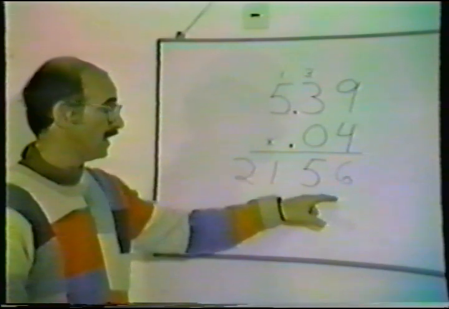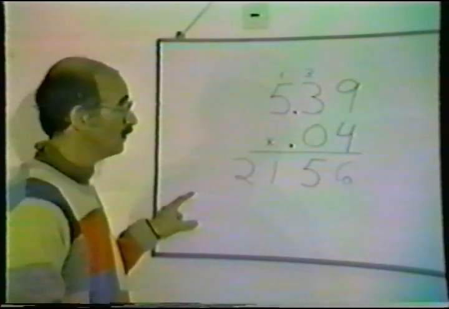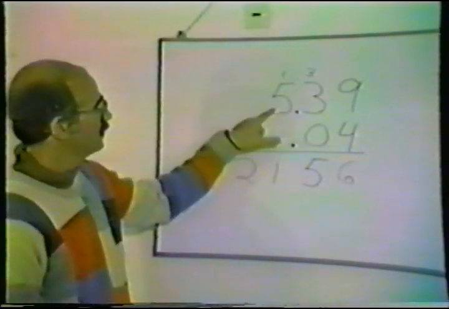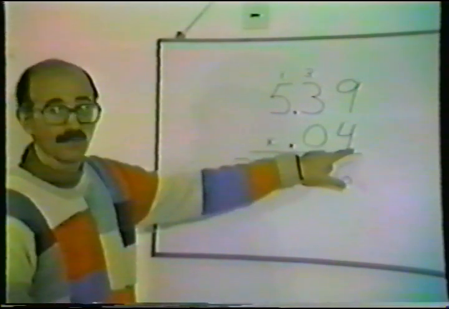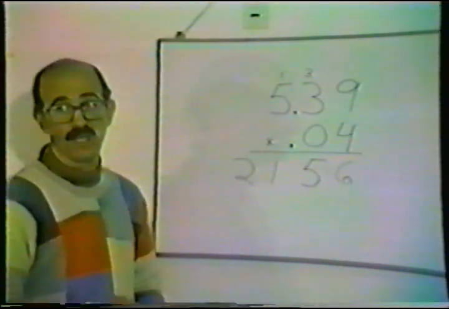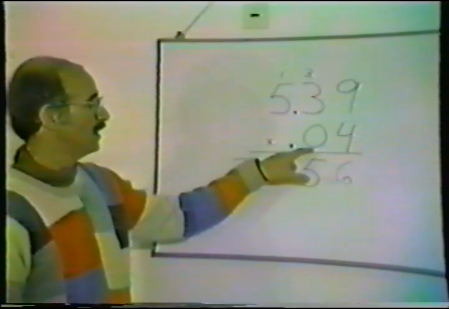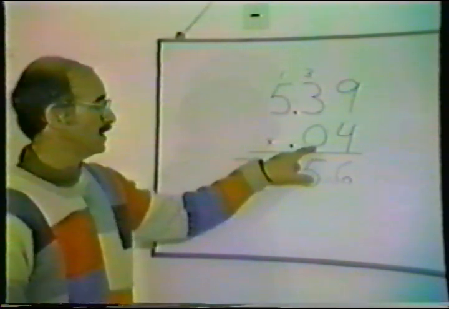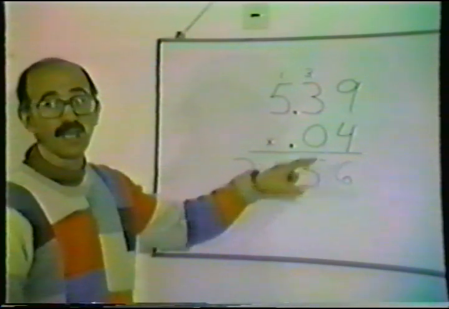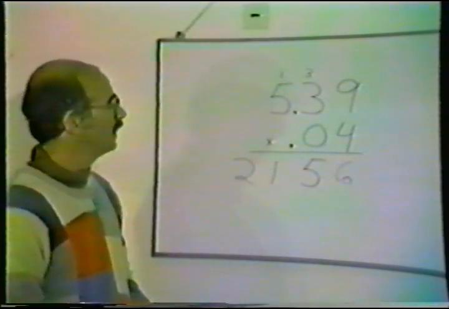You do not make another row for the zeros. You just look at these real numbers that are there. When you're finished, then this 0 becomes important because it's a decimal place that's filled and you have to count.